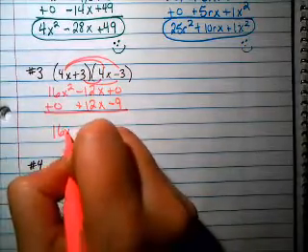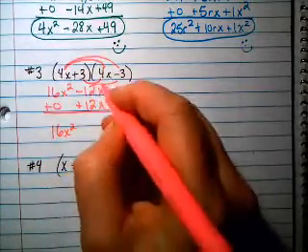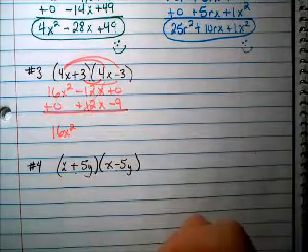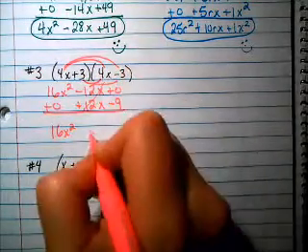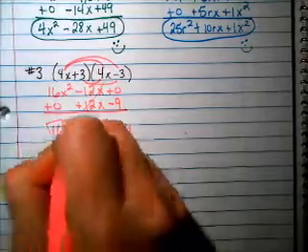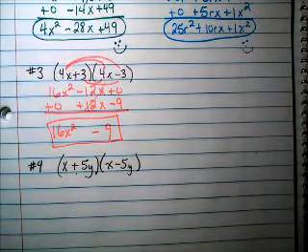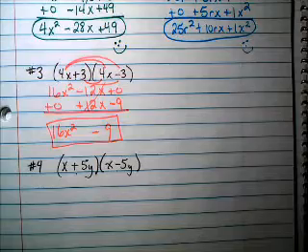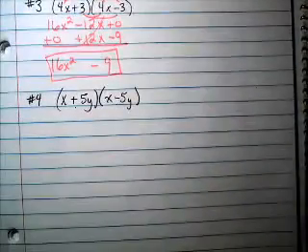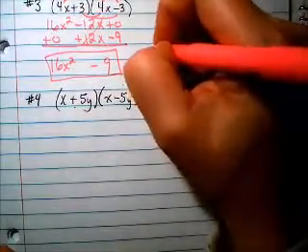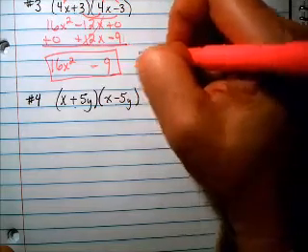That'll be 16x squared. That middle term cancels out, and then I'll have a minus 9. If you got this one correct, give yourself a smiley face.